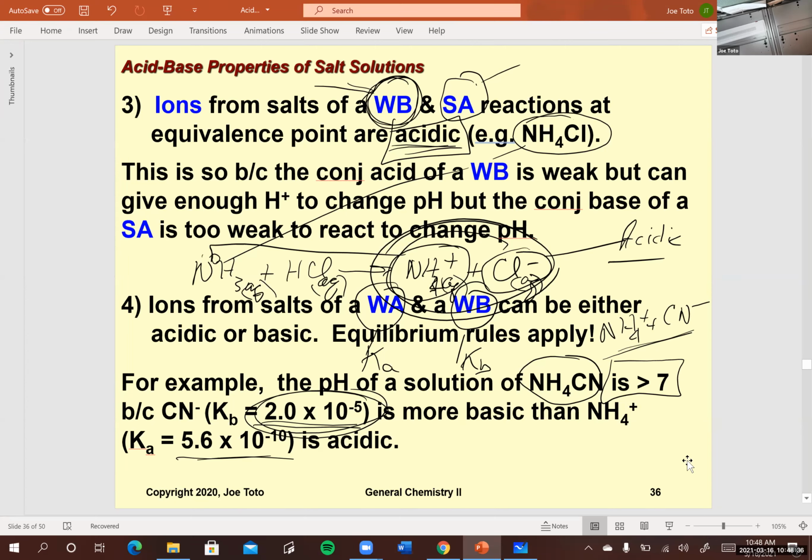Okay, now that's a lot to, yeah, go ahead. I guess I'm a little bit confused because earlier, like in the homework, we were ranking CN minus and Cl minus from strongest to weakest. Yeah, bases, correct. And then we have the rules saying that the conjugate cations from a strong base would be neutral.